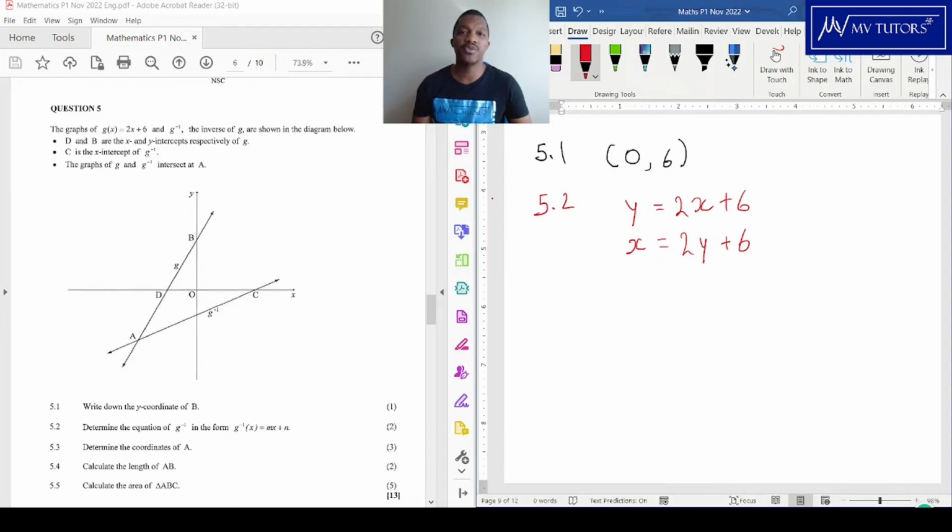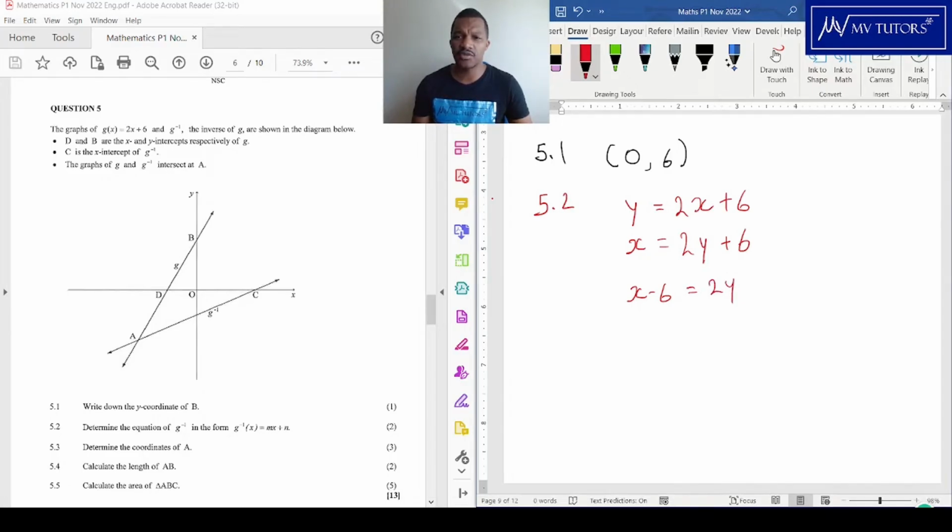Now we have to make y the subject of the formula. So we just need to do some bit of mathematical gymnastics, which is just numbers jumping from one side to the other. Let's start with the 6. When it goes that side, it becomes x minus 6 equals 2y.